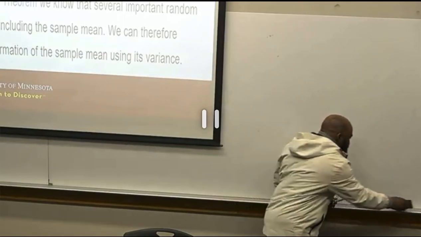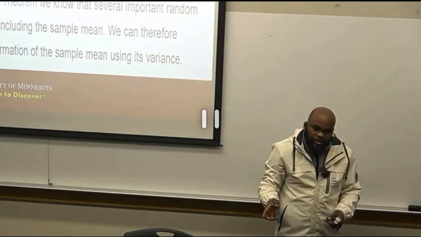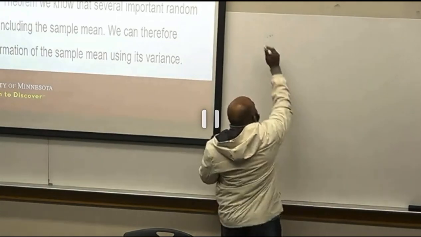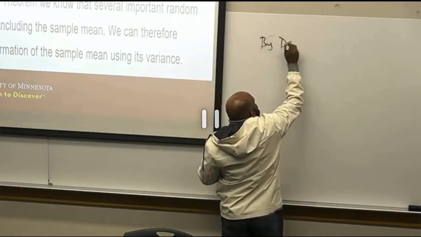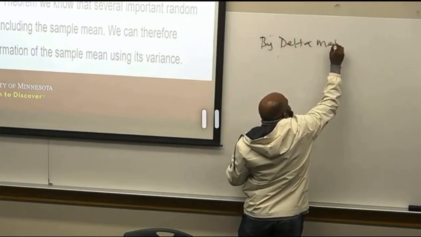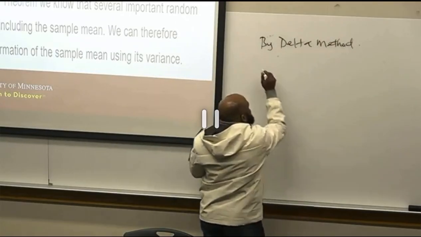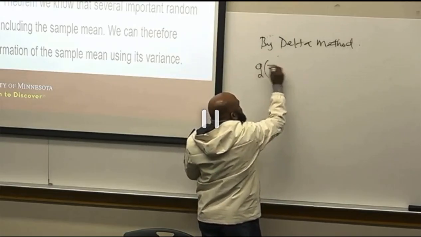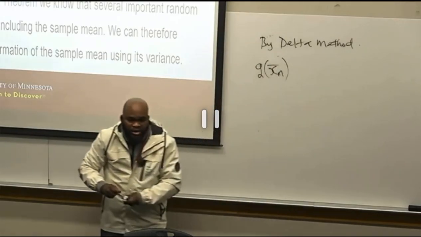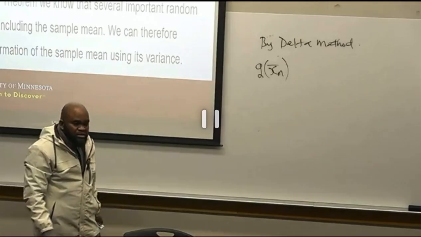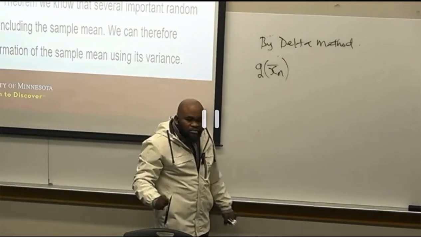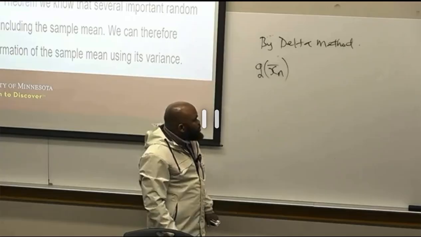Now, in the delta method, we're seeking to get the asymptotic behavior of a function of a sample mean. We want to get the asymptotic behavior of a function of a sample mean.